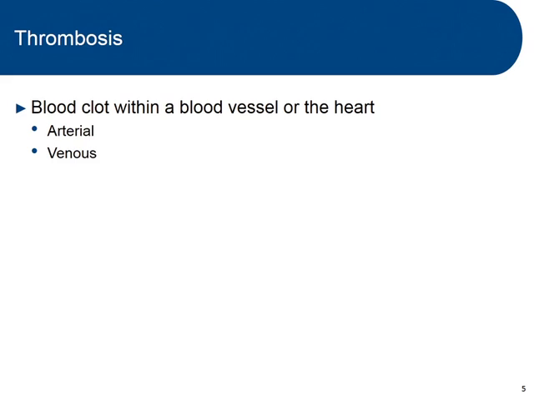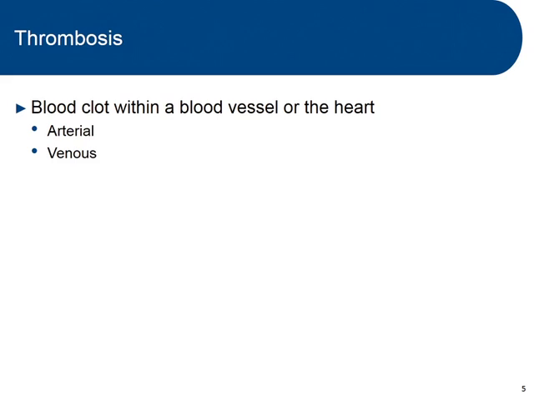The arterial thrombosis occurs when platelets adhere to the arterial wall, the artery gets occluded, and then there's lack of perfusion. Venous clots, on the other hand, occur because of slow blood flow. So the stagnation within that vessel initiates the coagulation cascade.